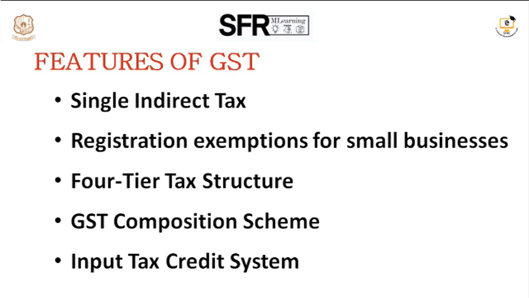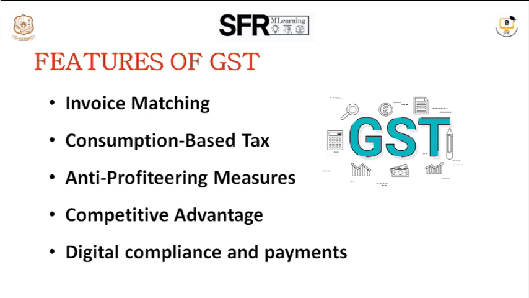And the next feature we are seeing is invoice matching. We all know that GST is e-portal based and all the vouchers should be in the online mode. So, the supplier who is filing the e-voucher should match the invoice filed by the recipient.